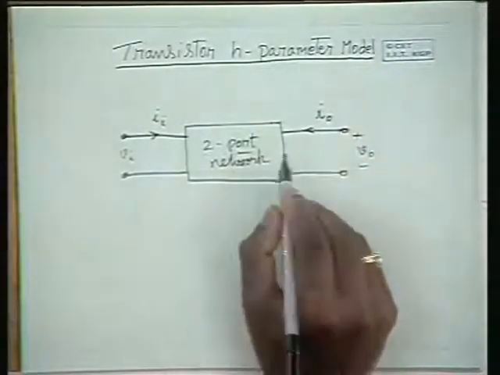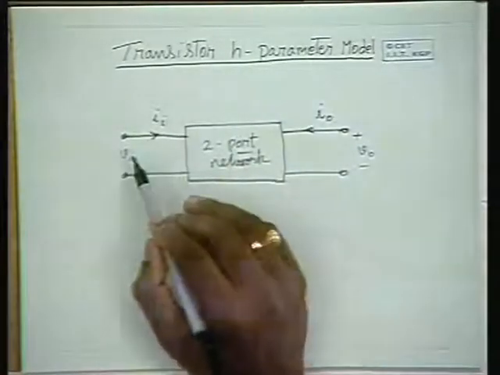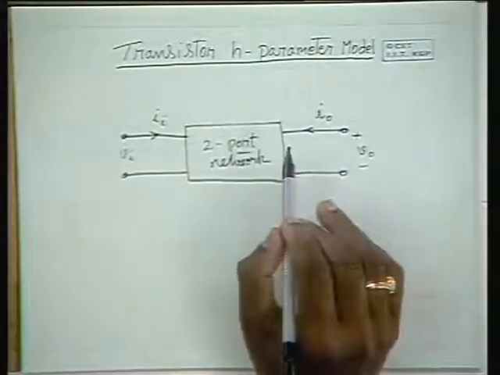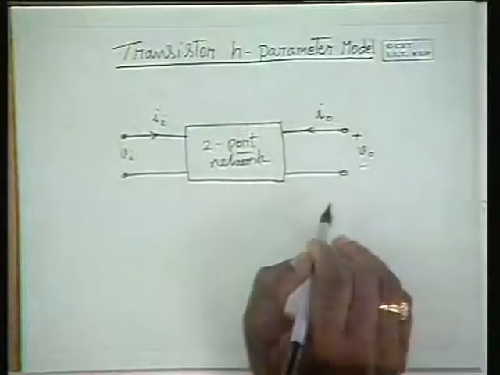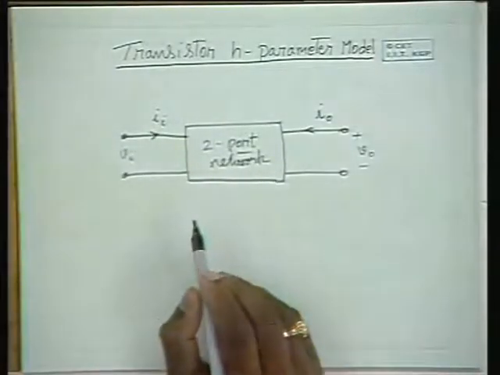It's a two-port model. A two-port network with the input voltage and current and output voltage and current defined like this can be expressed in terms of these voltages and currents.